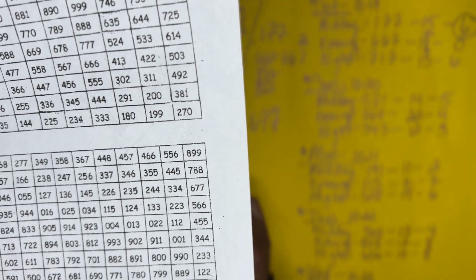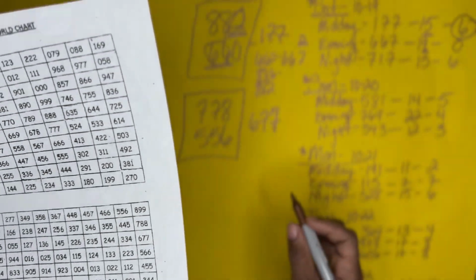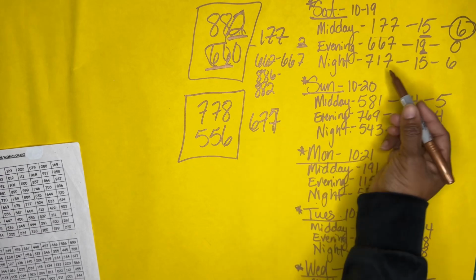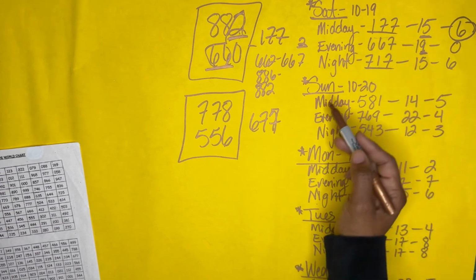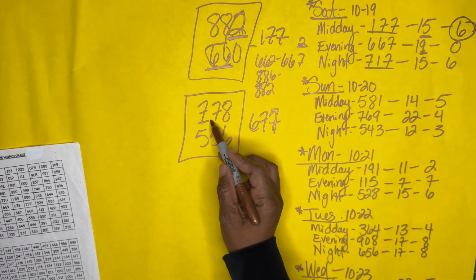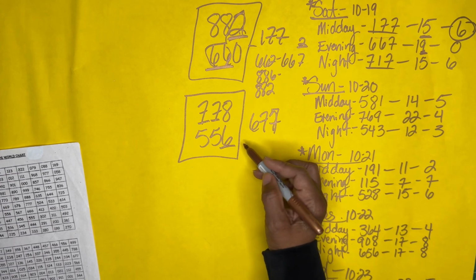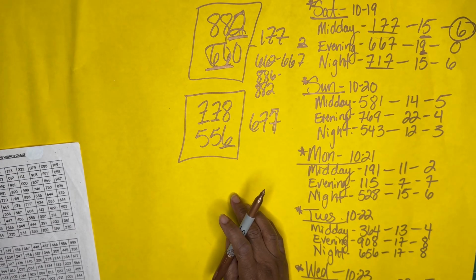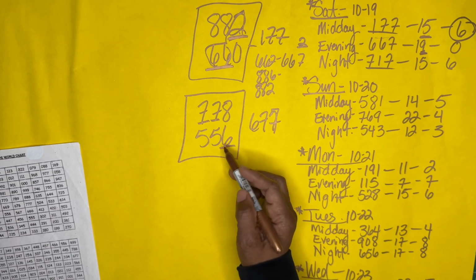The next number was 717, so that was a repeat number. They brought that number back. But what you do, 776 could have fallen. The only thing they did was flip that number.